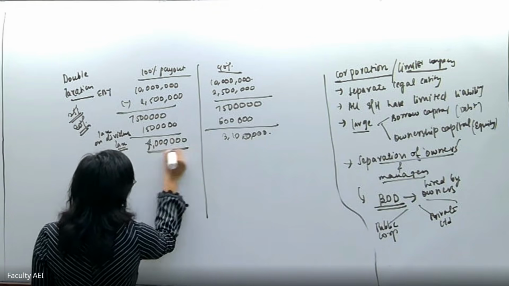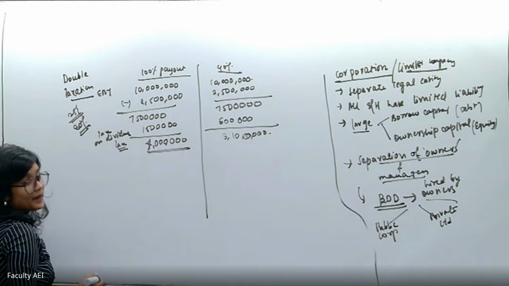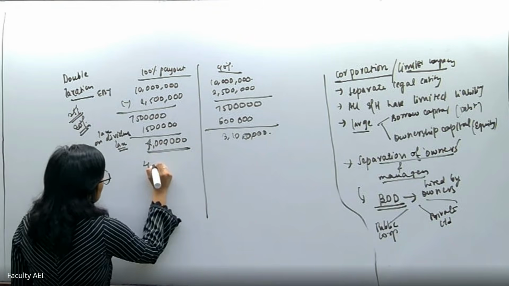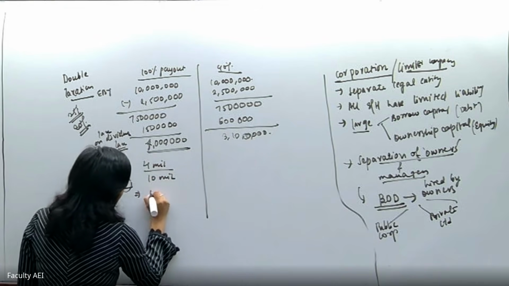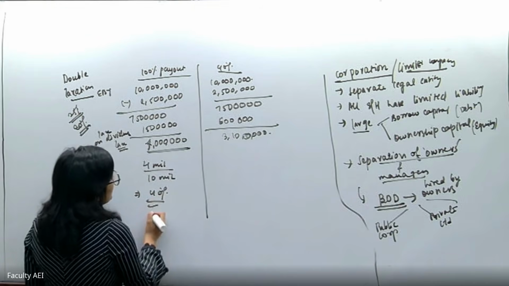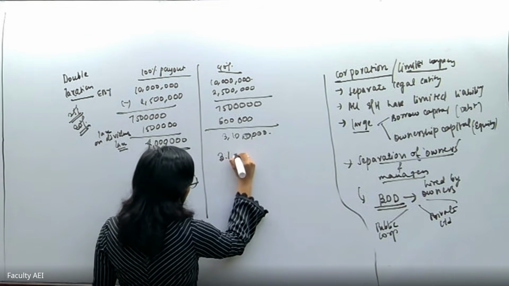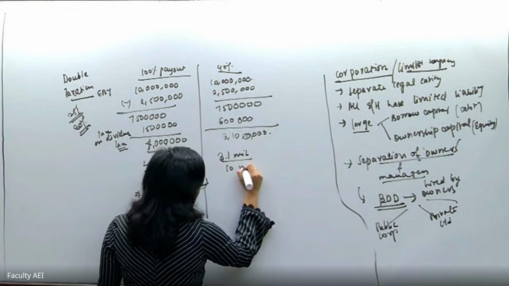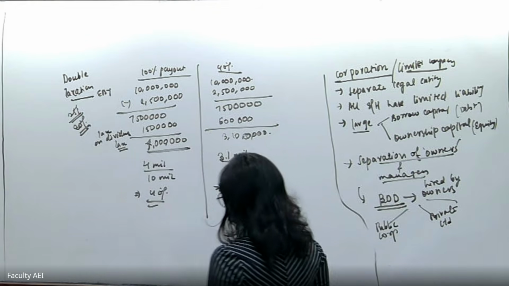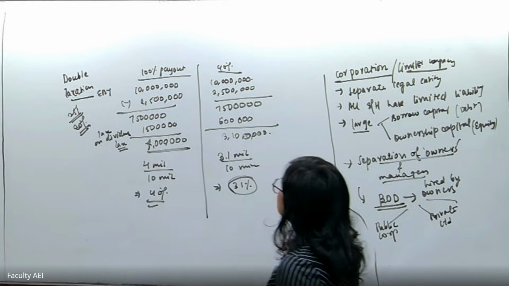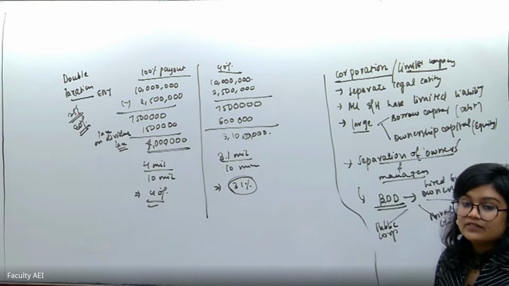The effective tax rate is the total tax paid by the earnings, that is 4 million by 10 million. The effective tax rate is 20% here. Here the effective tax rate would be 3.1 million by 10 million. This is 31%. So the effective tax rate is less in the case where not every dividend is paid out.